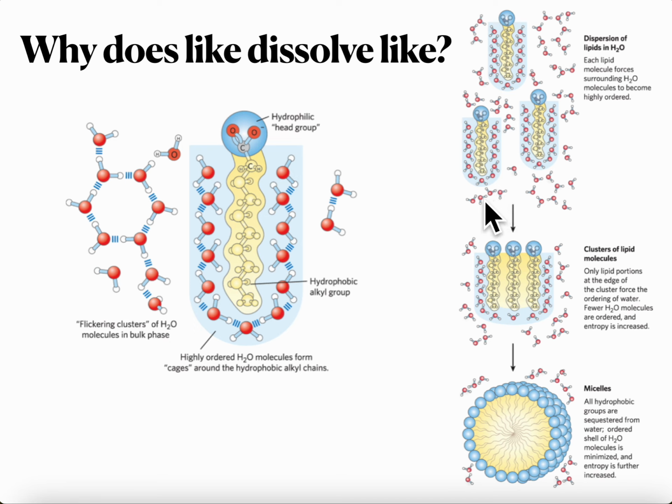Anyways, they cluster together to decrease the surface area that is in contact with water molecules. Before, you can see that all of these water molecules are surrounding the hydrophobic tails at all angles, right? But here, the interior of this structure is sequestered from the water molecules.